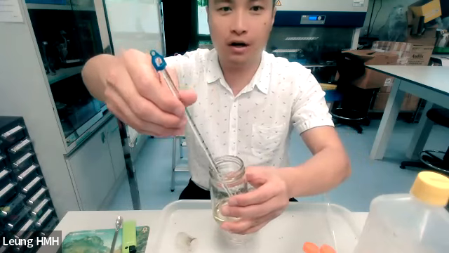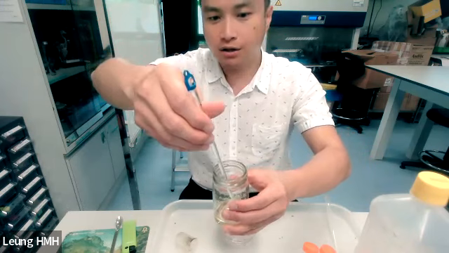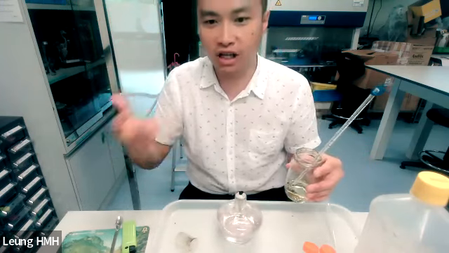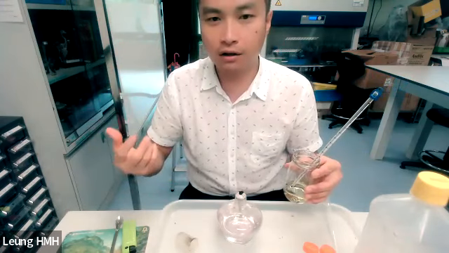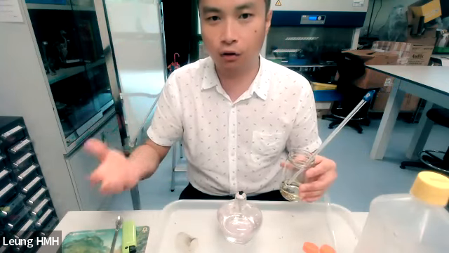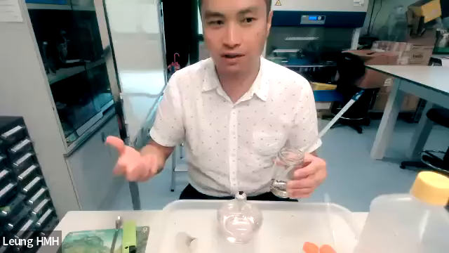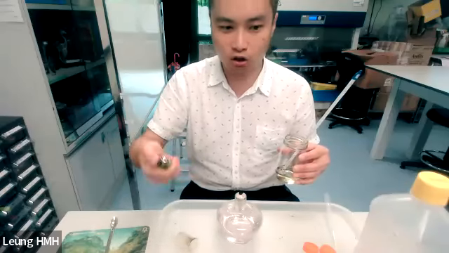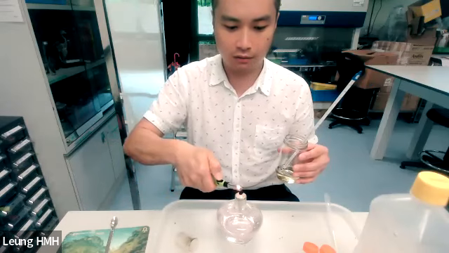The room temperature is 24 here. So this is 24. Our aim is to heat up the oil to around 50 to 55 degrees Celsius, right? Okay, so we try to switch on the fire.